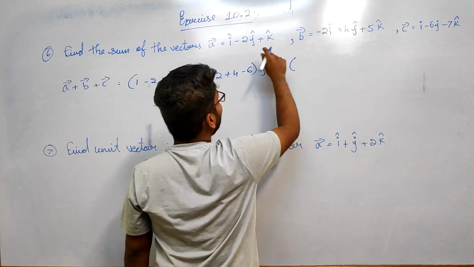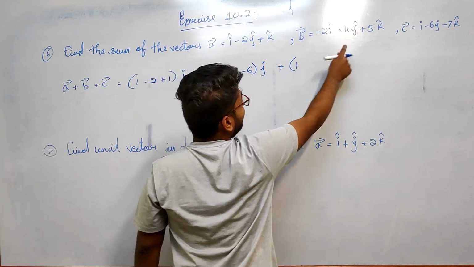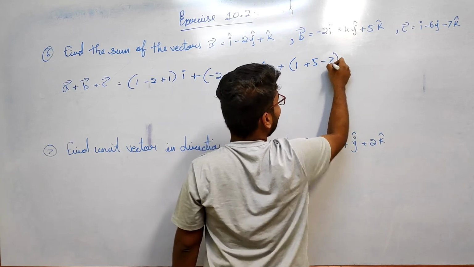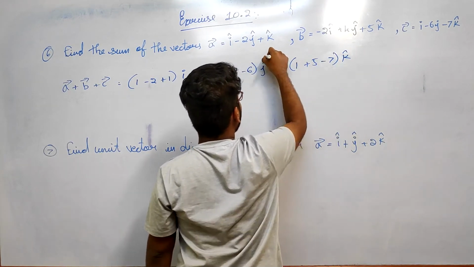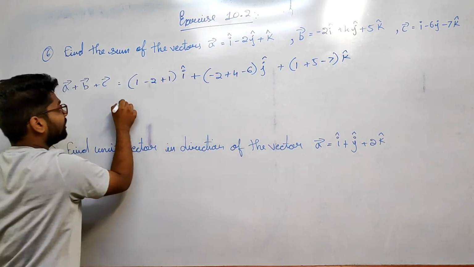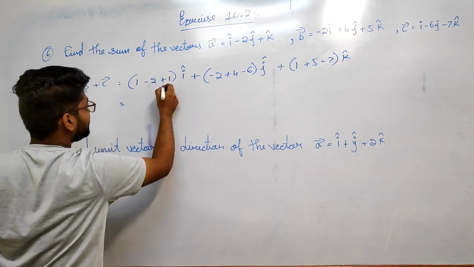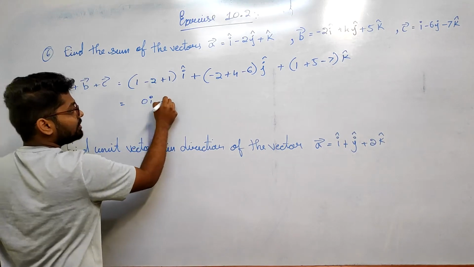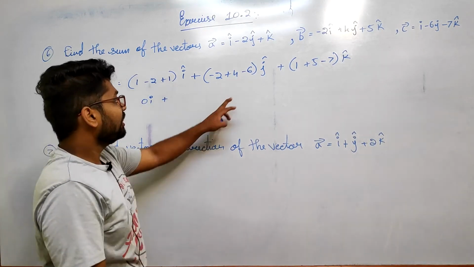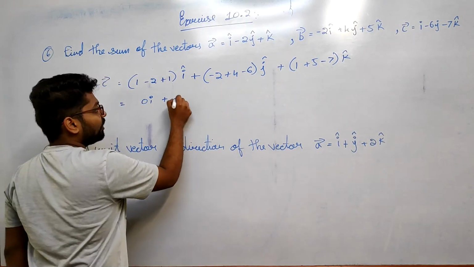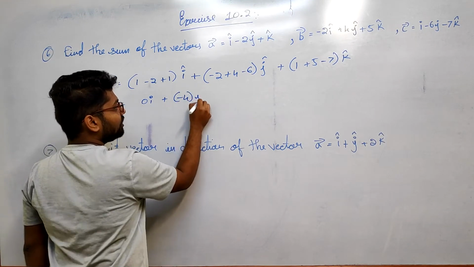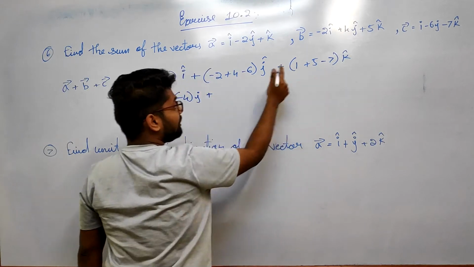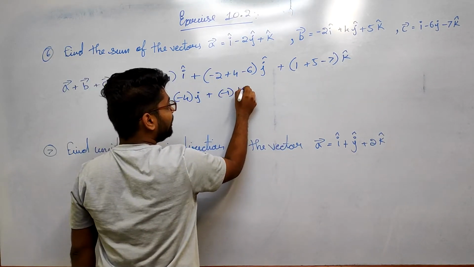Plus 1 plus 5 minus 7, k, and a cap over everything, because it is a unit vector. So 2 plus 2 minus 2 will become 0i. Then minus 4j, and 5 plus 1 is 6, 6 minus 7 is minus 1, so it is minus 1k.